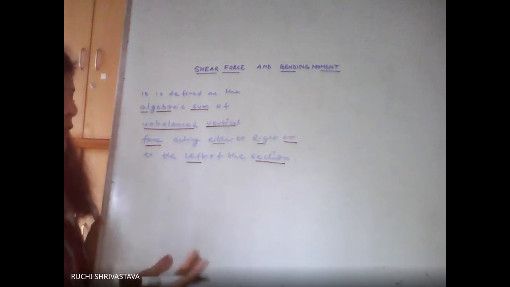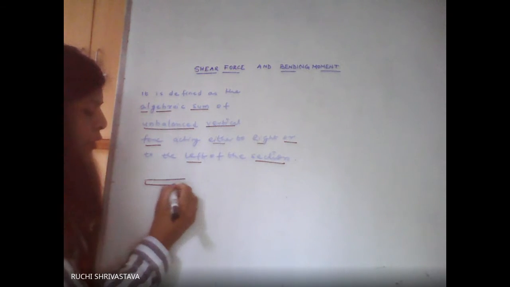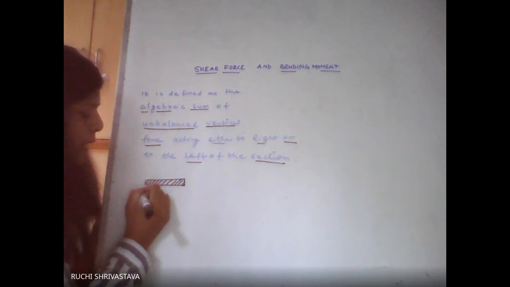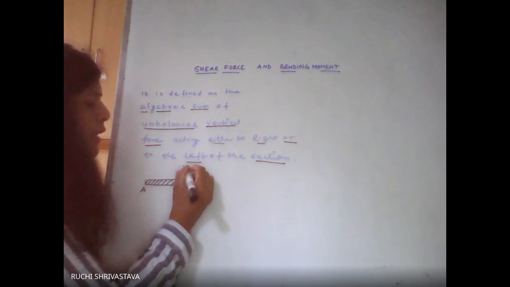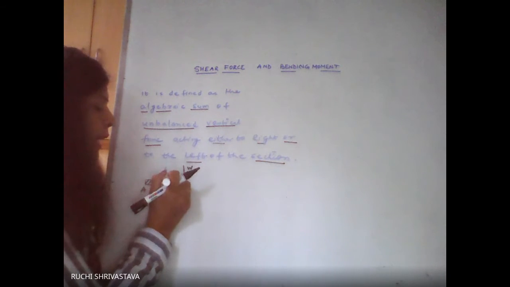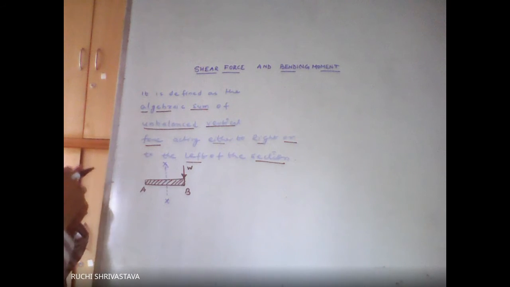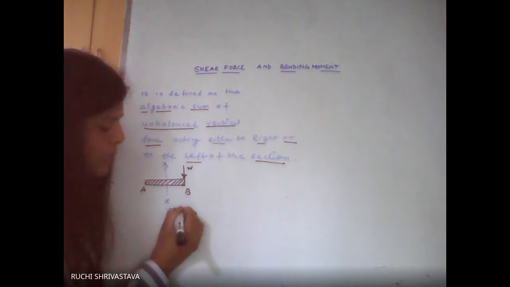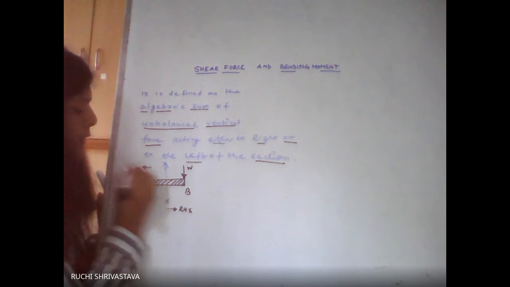Now what is its sign convention? Suppose we have a particular section of a beam AB, and on AB in the downward direction there is a force W. Suppose I consider section XX, which divides the beam AB into two parts. This side is the right hand side and this side is the left hand side.